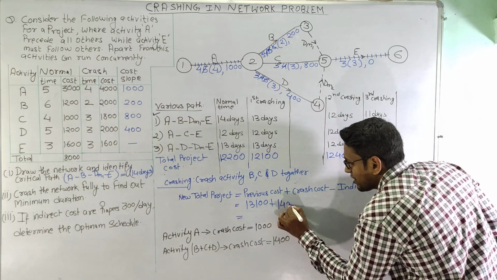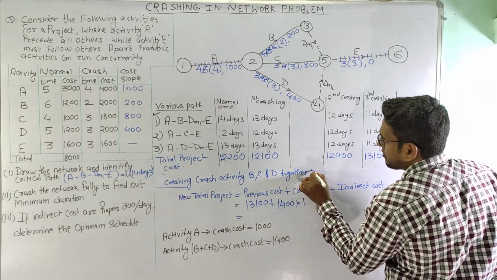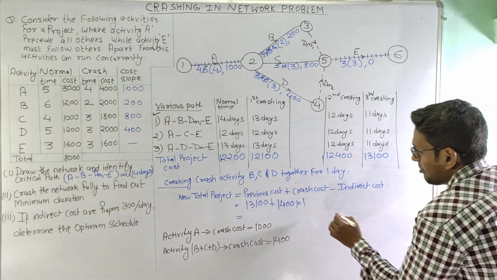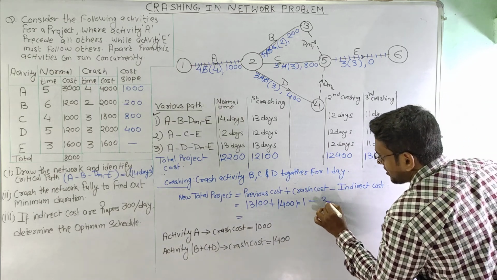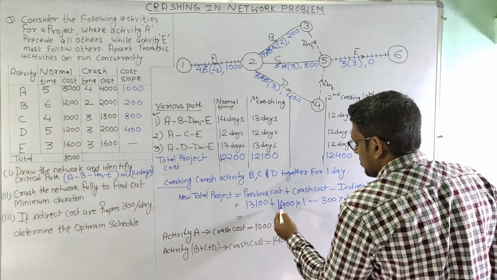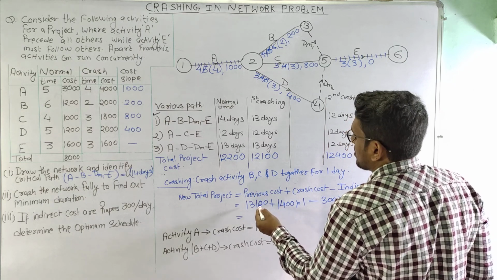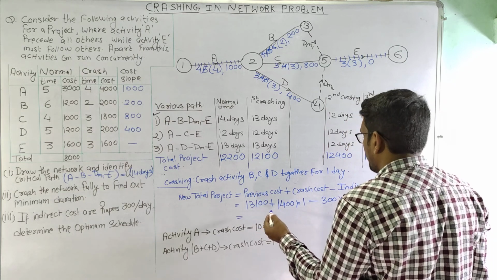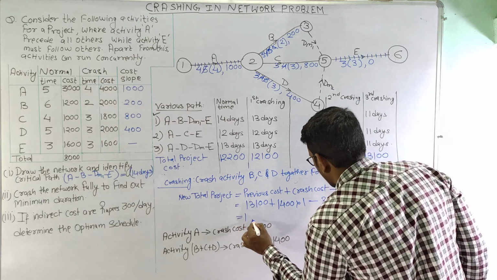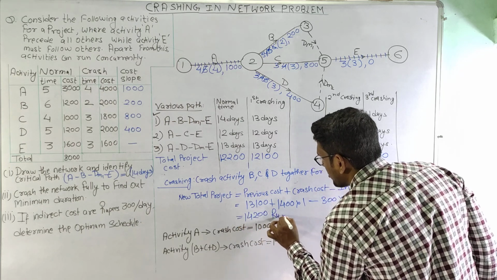So this is 1400 multiplied by 1 day, because these activities are crashed together for 1 day, minus indirect cost, 300 into 1 for 1 day. So this will be 14,200 rupees.